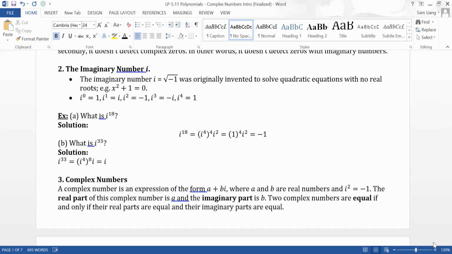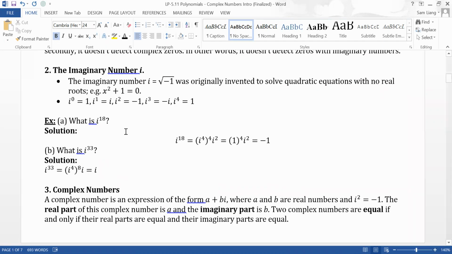So i to the 18th. The idea behind these problems is we're just going to rewrite everything in terms of i to the 4th, if possible. i to the 18th is equal to i to the 4th to the 4th power, because you remember the laws of exponents: if you take an exponent to a power, then you multiply, so it's 4 times 4, which is 16.